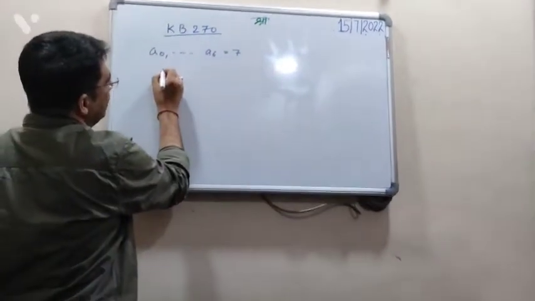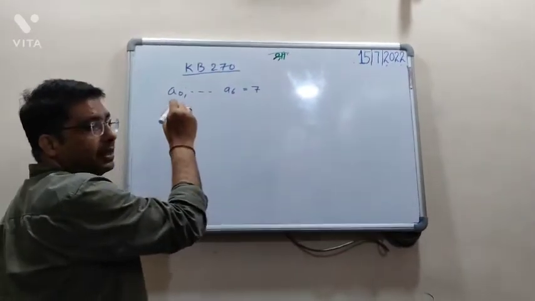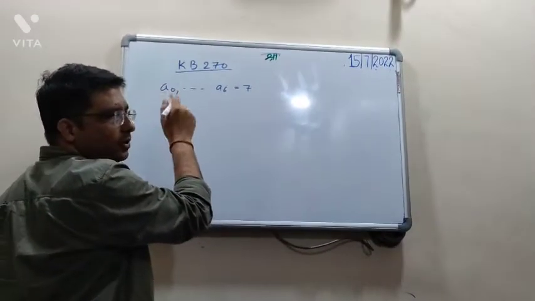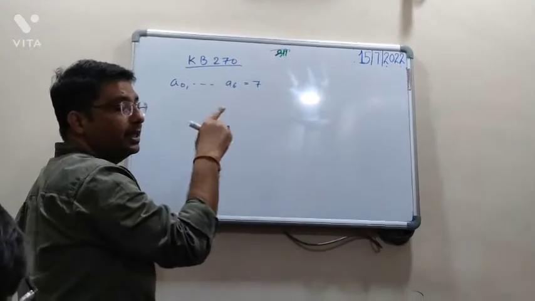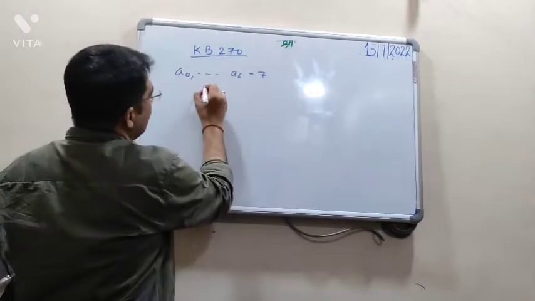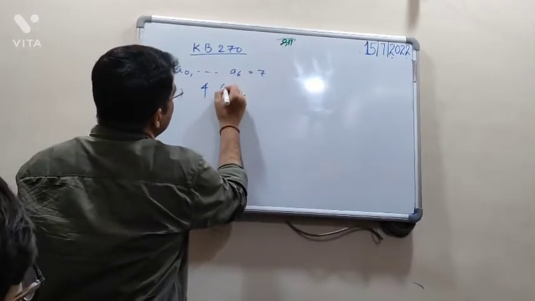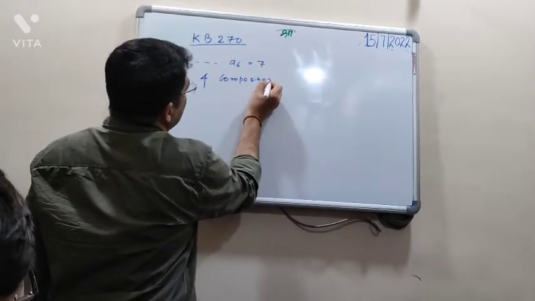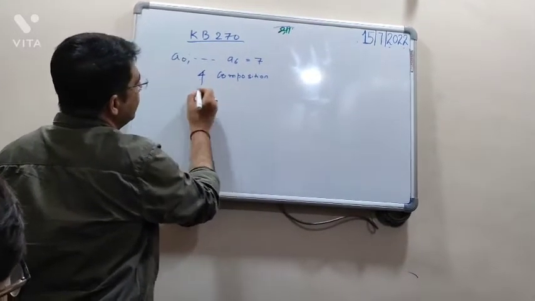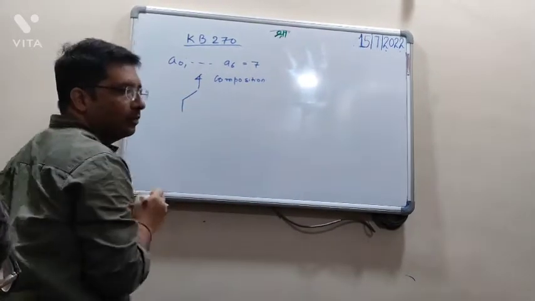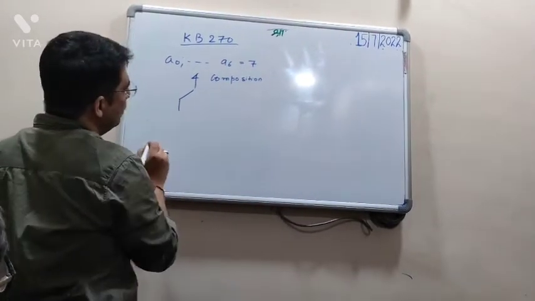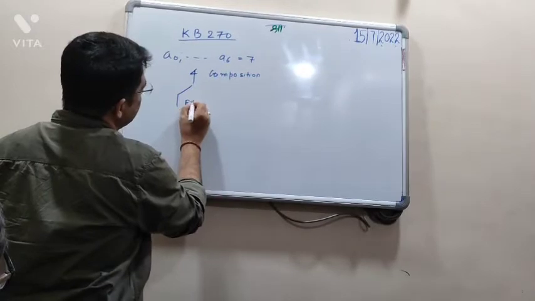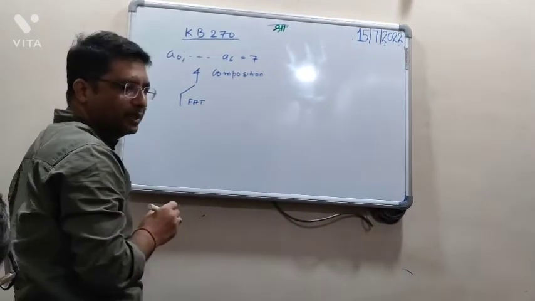When you have, let's say, how many channels are there in KB-270? 50. But a single channel can have 4 compositions, right? Now, let us take one composition, and assume it is a fat or oil or whatever it is.